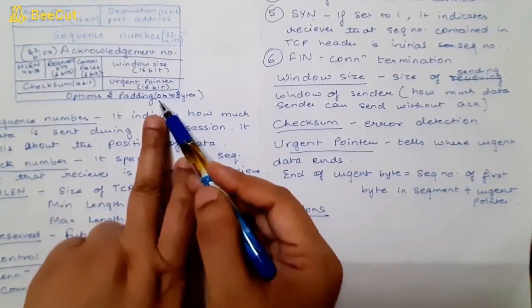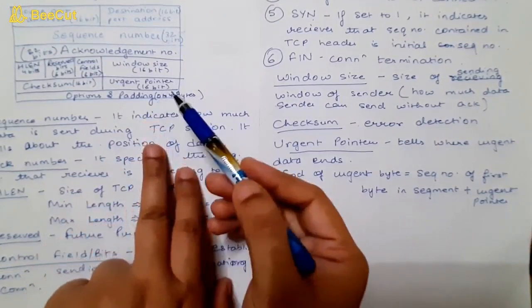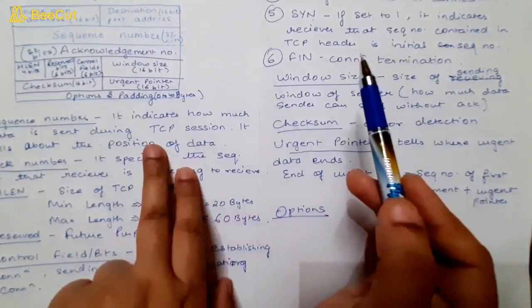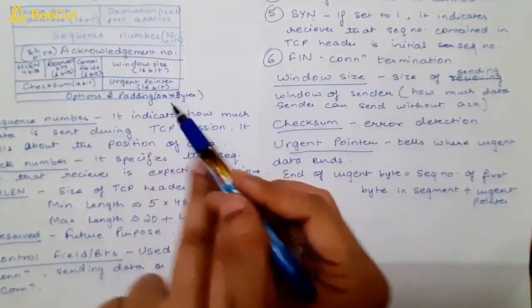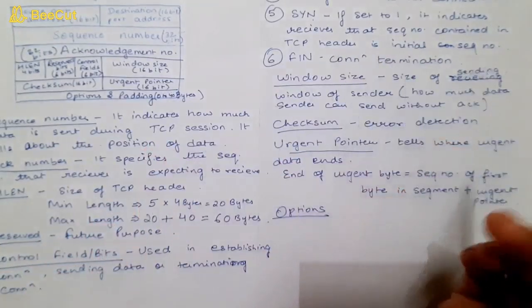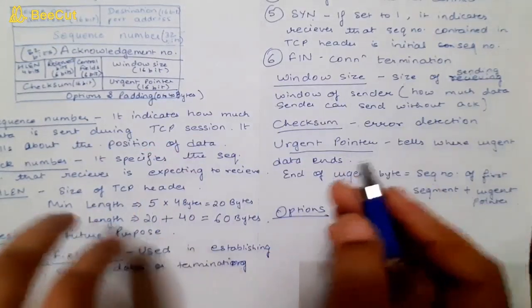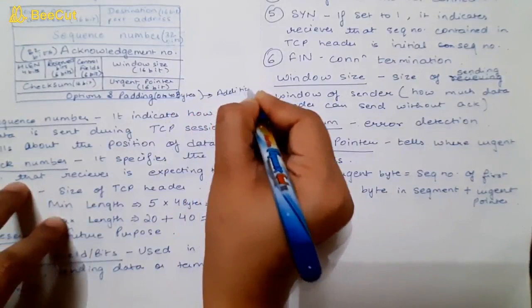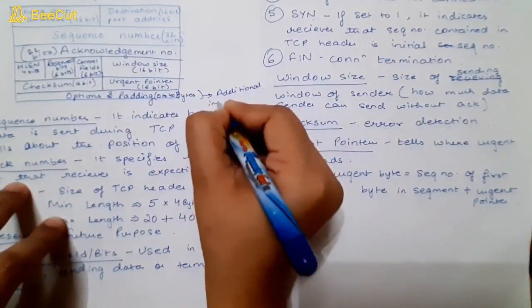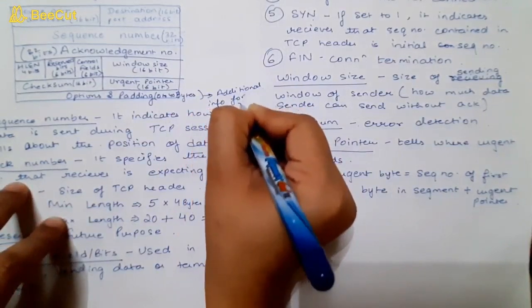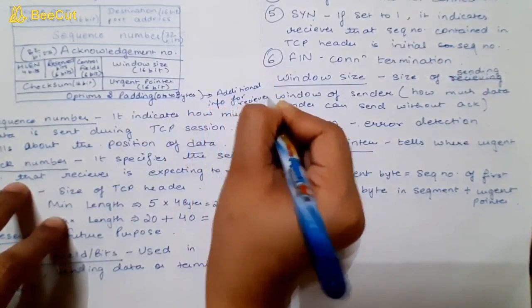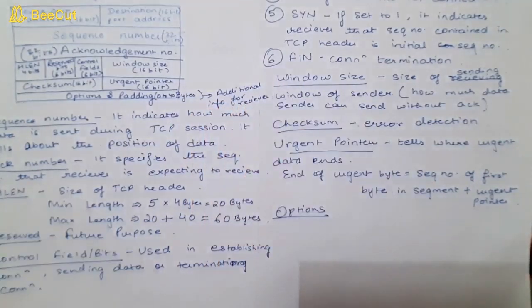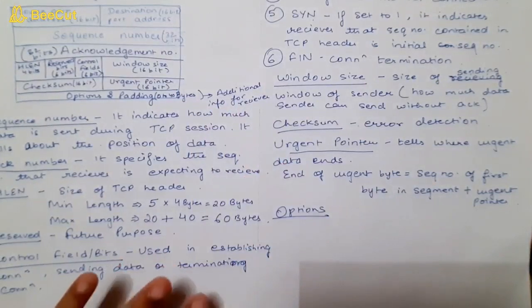In case you don't want to provide any additional information, the size will be 0 and this whole row won't be there, and in case you want to provide it, the maximum size is 40 bytes. I'll write it here: additional info for receiver. Fine. So you need to remember about these fields.